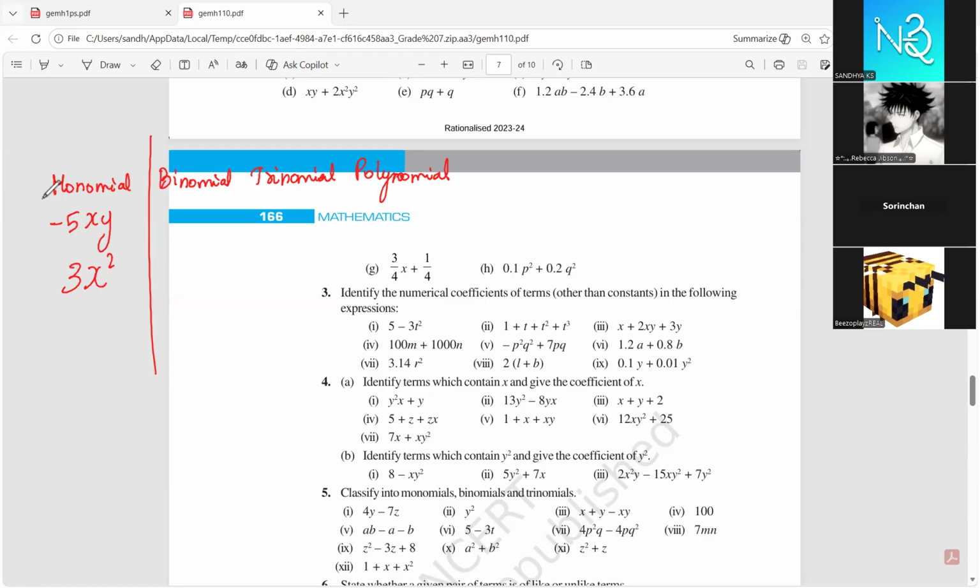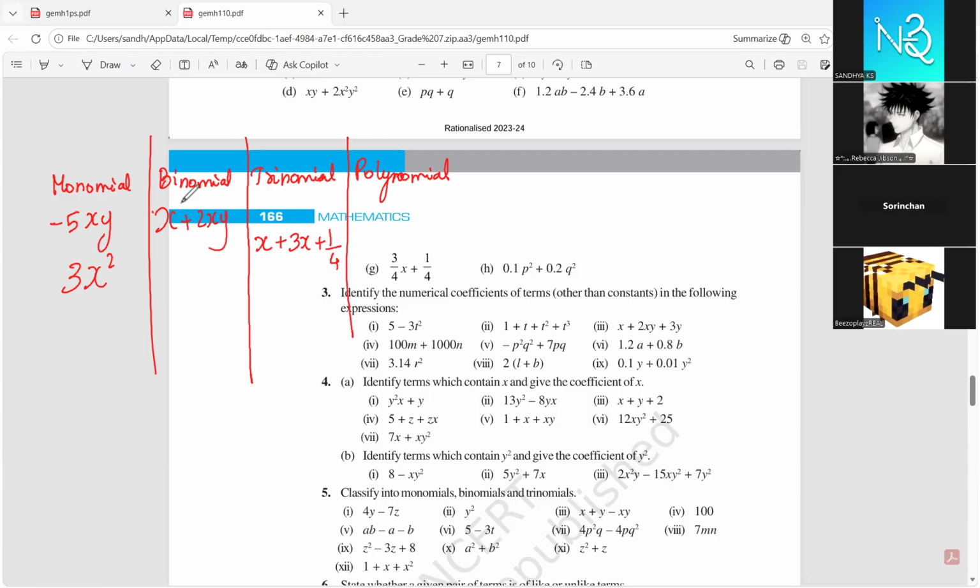One term means monomial, and generally we call it a polynomial also. Then binomial means we have two terms: x plus 2xy. x is one term, 2xy is another term. So binomial. Then x plus 3x plus 1 by 4: three terms, so it is a trinomial.